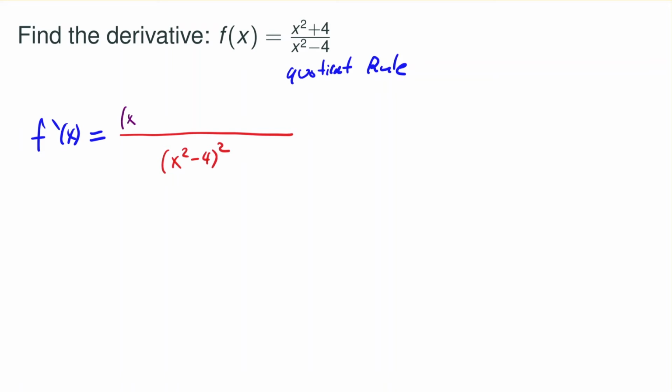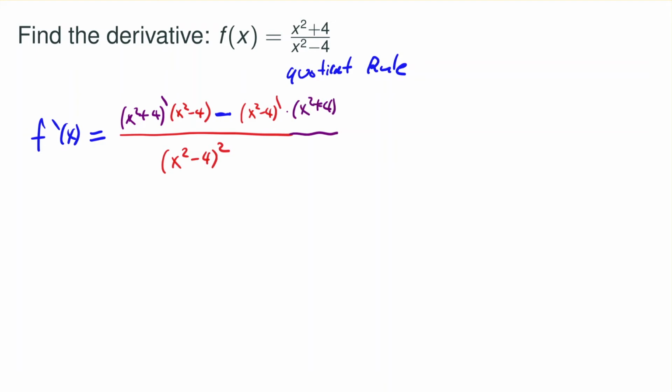So let's write derivative of top function. Let's denote it first, prime, times x squared minus 4, which is the bottom function, minus derivative of bottom function, derivative of x squared minus 4, times top function by itself. Okay.